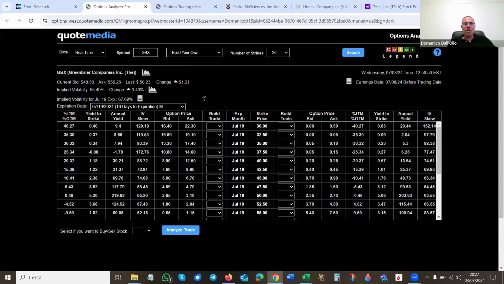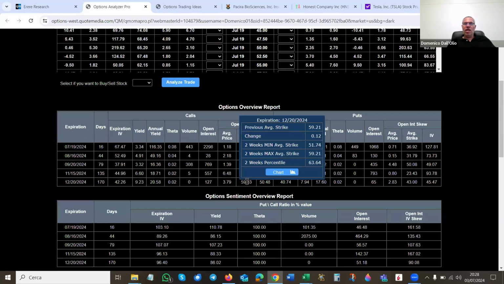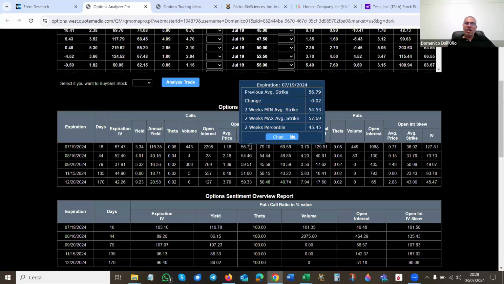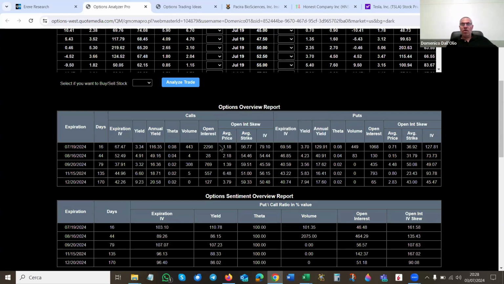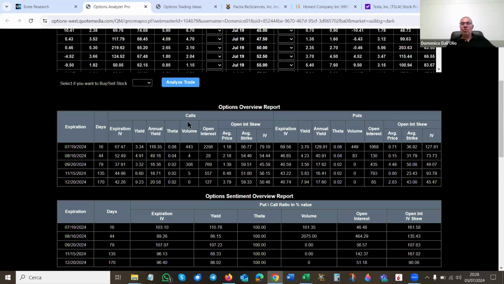You also have, let's take the stock suggested here, which is not important, the options overview report, which I already showed you last time, for all the expirations. You have the average strike, which is the weighted average of the strike prices using the open interest as weights. So it's some center of gravity of the main positions created by institutions, because somebody like me is not buying or selling 2,298 calls, but institutions are.